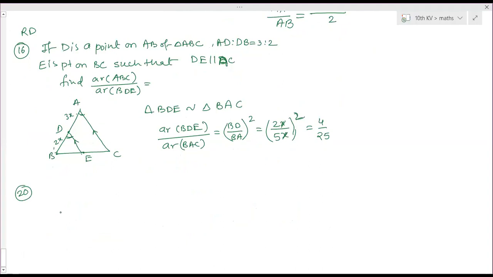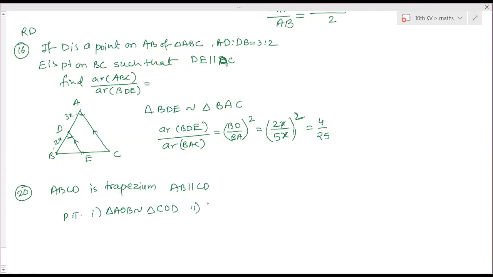ABCD is a trapezium with AB parallel to CD. Diagonals AC and BD intersect at O. Prove that, first part, triangle AOB is similar to triangle COD.